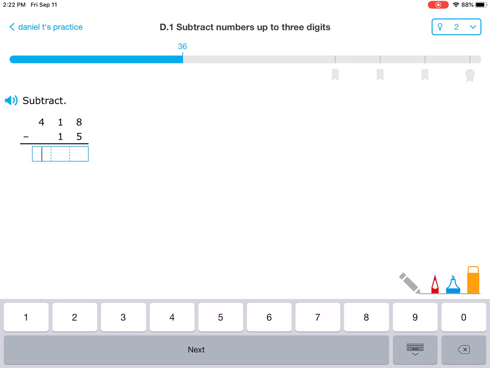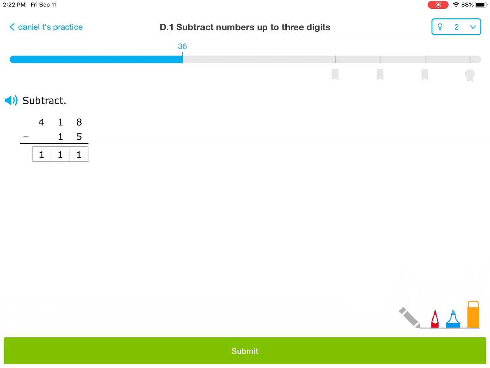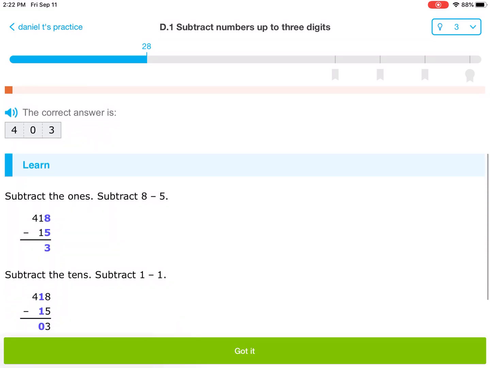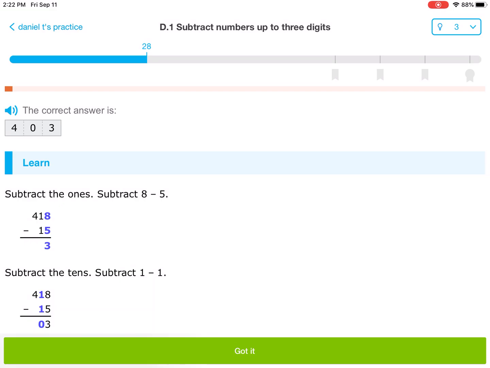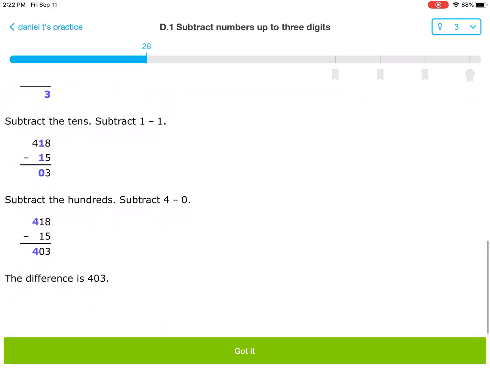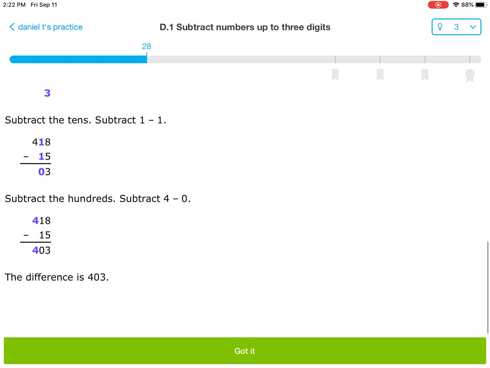And then I want to show you what happens if you get the wrong answer. So it says the correct answer is 403. And what I didn't do is I didn't do 8 minus 5 equals 3. Then I'm supposed to do 1 minus 1 equals 0, 4 minus 4. Oh, and the difference is 403.